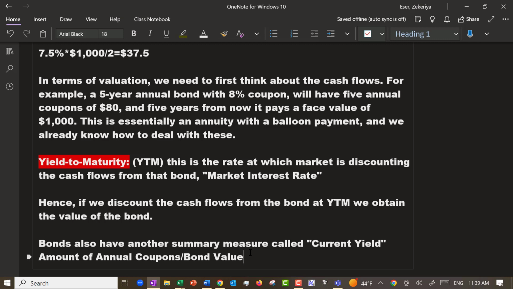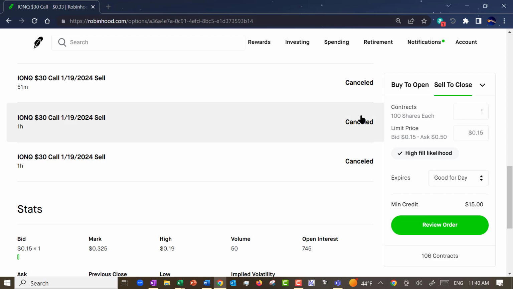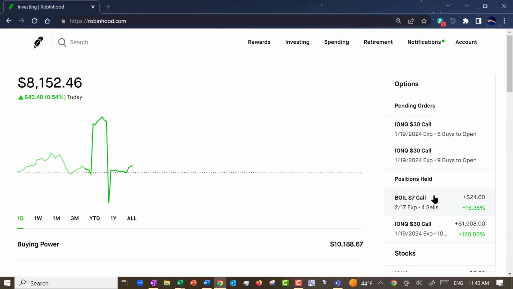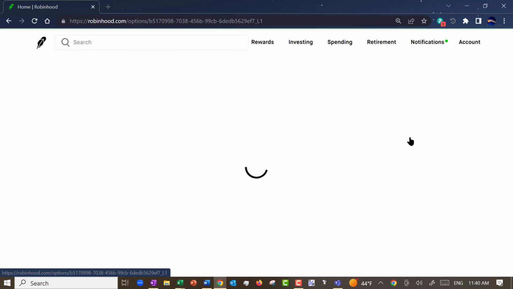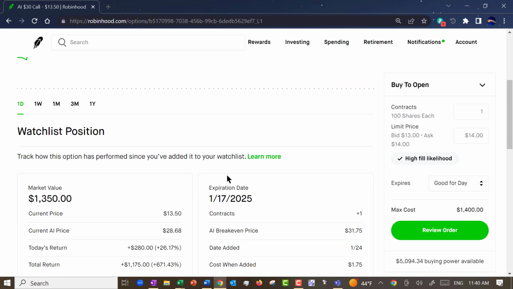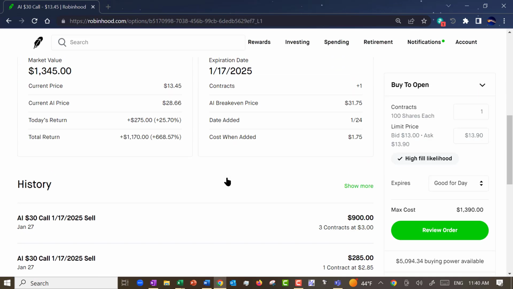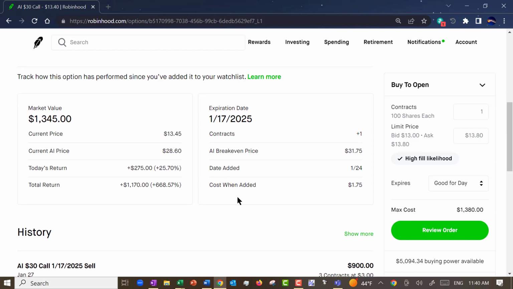You know what they're trading right now? 12. Actually, it could be even more. Let me see. I don't even want to look at it. Well, no, 1350. I mean, I could have 10x my money. What are you going to do? There is big time short covering in that stock.